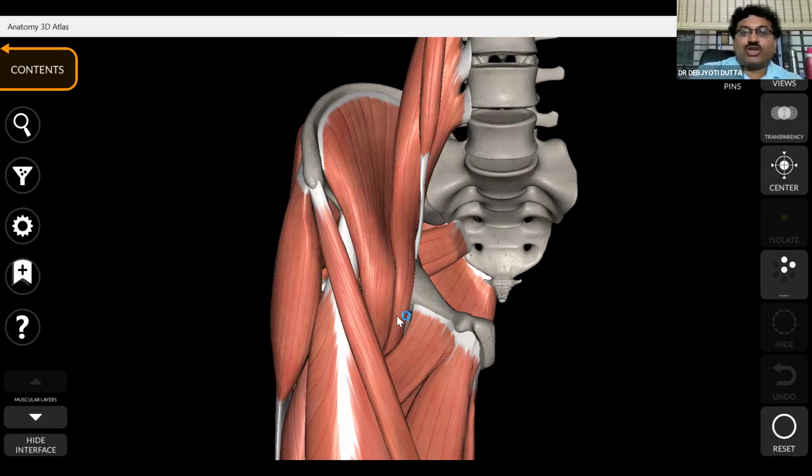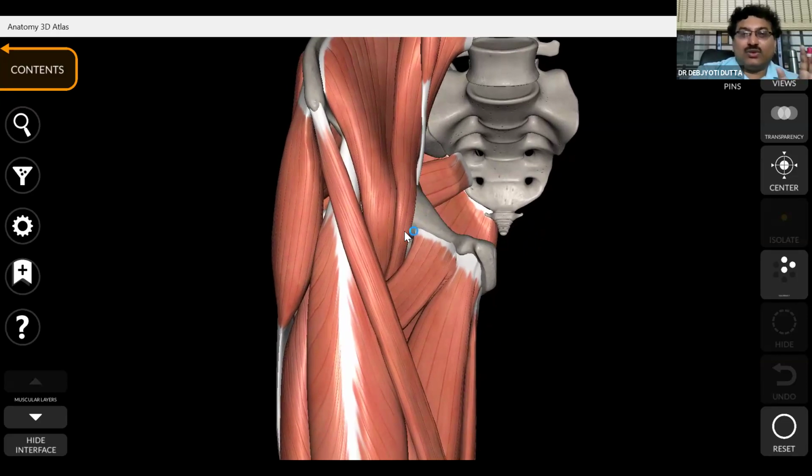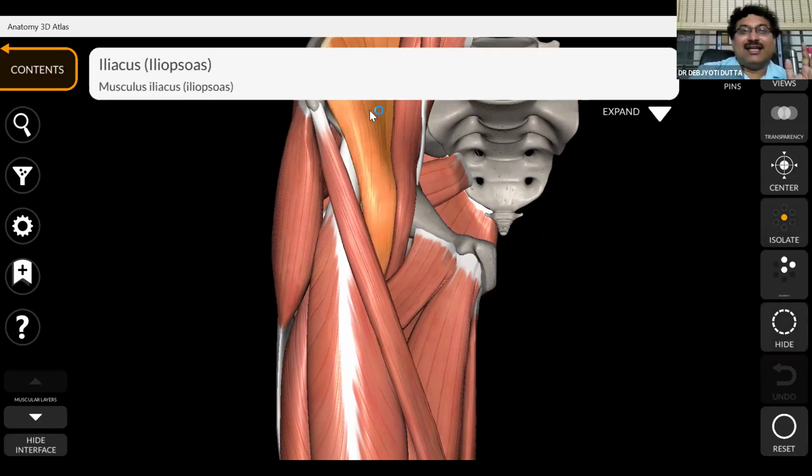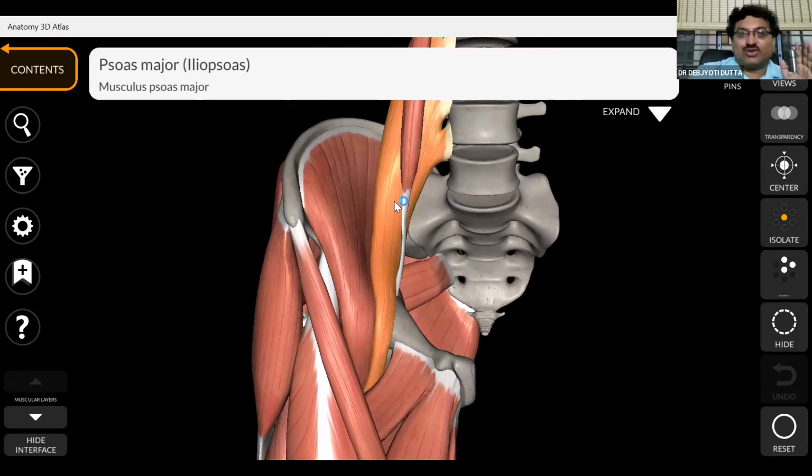This portion first forms the tendon, then the iliacus tendon also comes closer to it. So this is the most important muscle for us, the iliacus, or sometimes called the iliopsoas. This is the psoas major, and this is the psoas minor.